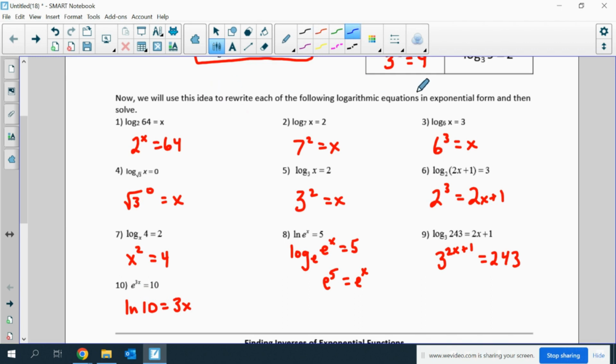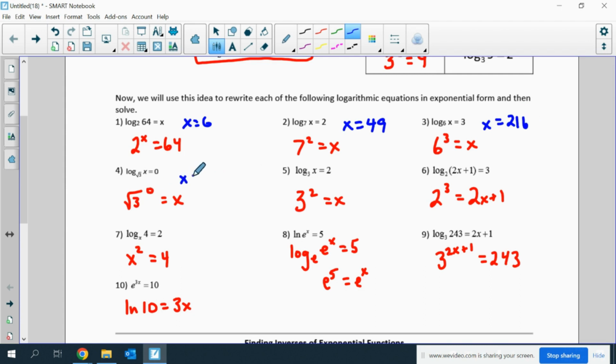Now, I know it says to solve them, and I didn't solve any of them. So a lot of these are just kind of understanding what's happening. So if I realize that 2 to the x equals 64, x would equal 6, because 2 times itself 6 times gives us 64. 7 squared is 49. 6 to the 3rd, or 6 cubed, is 216.